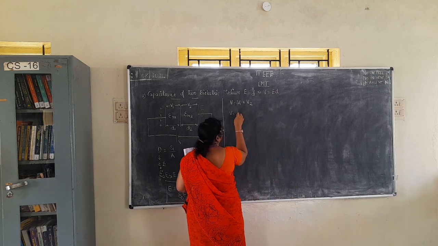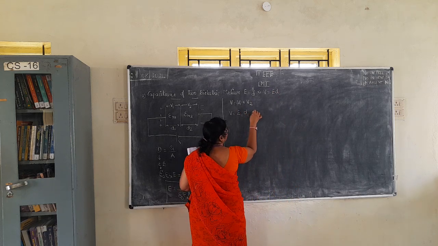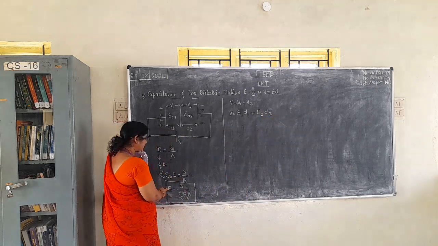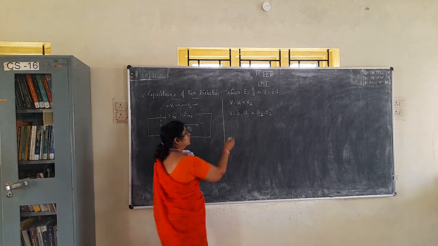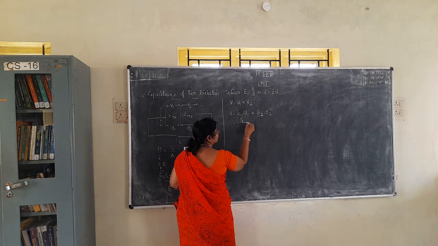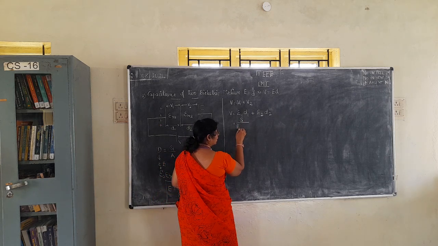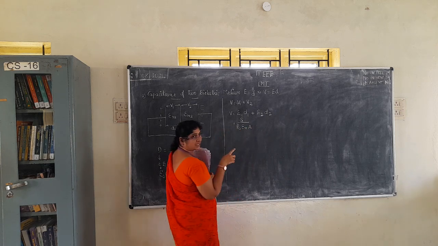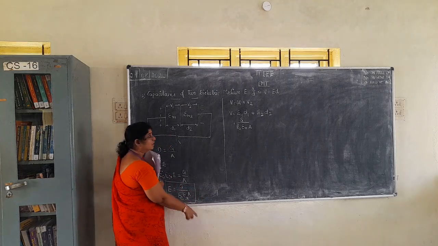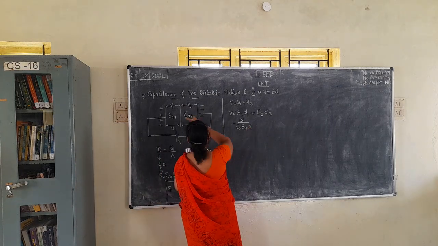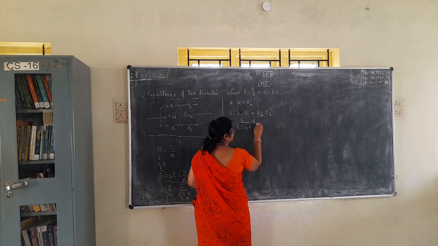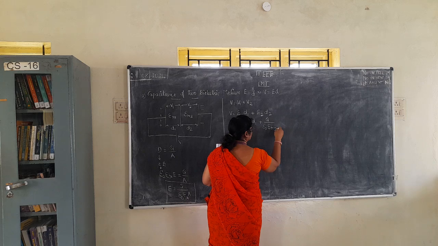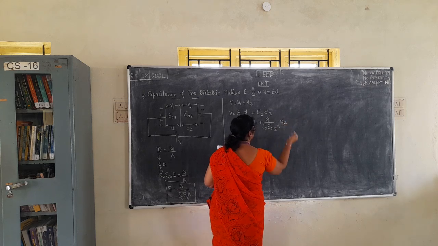So V is equal to E1 d1 plus E2 d2. From this expression we find E1 and E2: E is generally Q divided by epsilon naught epsilon R A. For the first, take epsilon R1 and d1, plus Q divided by epsilon naught epsilon R2 A into d2.